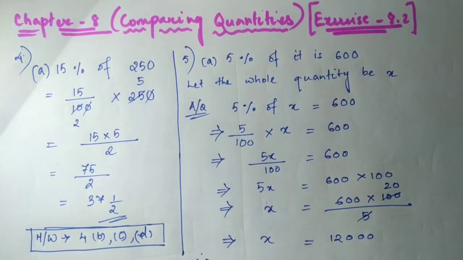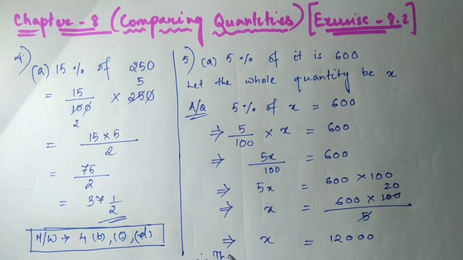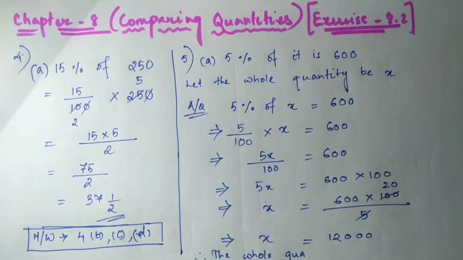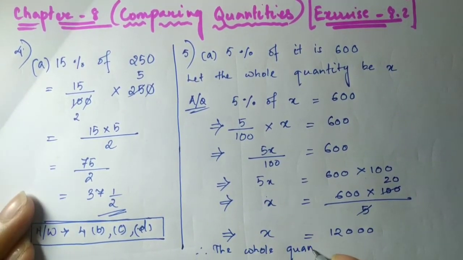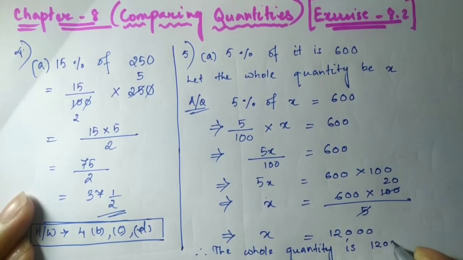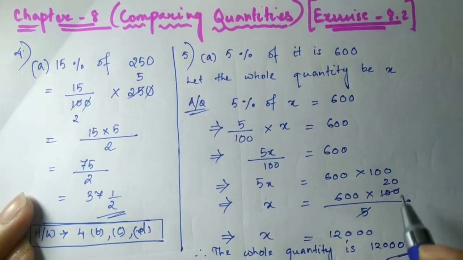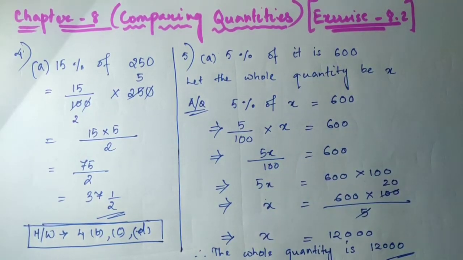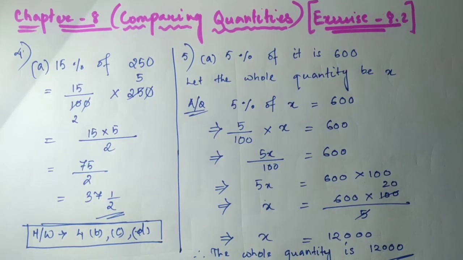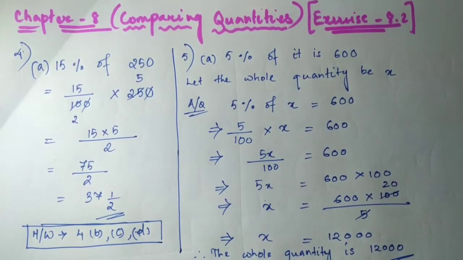So I can just write down, therefore the whole quantity is 1200. The unit is not given, rupees or any kg. So I'll just write simply; if something is given as kg, then minutes or hours, then you will write down that particular unit.